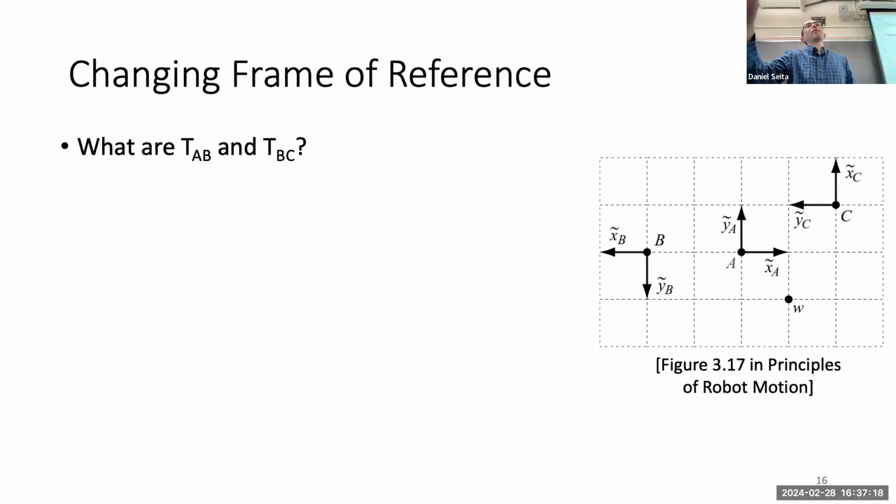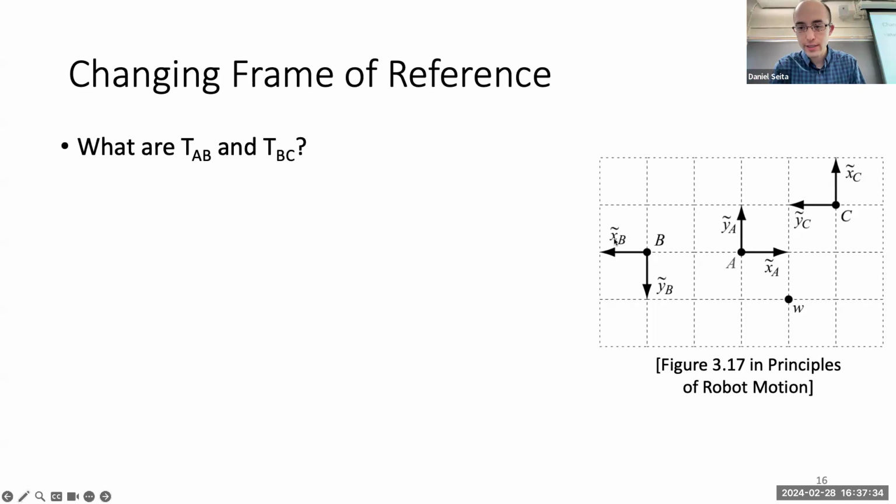So let's do an example. Maybe an example is good, then you can write out what you think it would be. The first question here is, what are TAB and TBC?